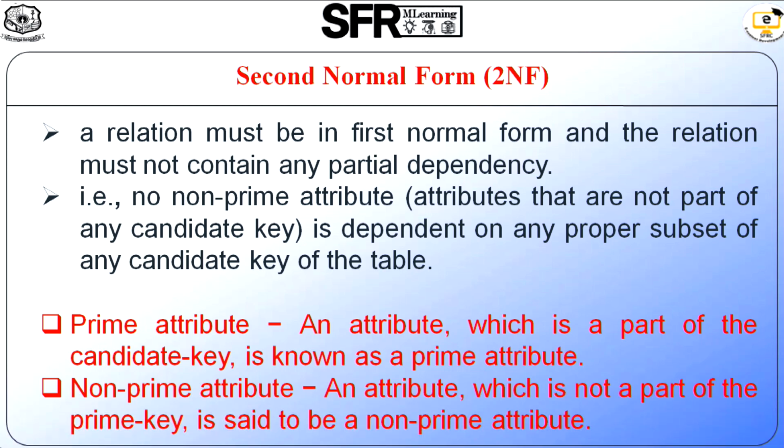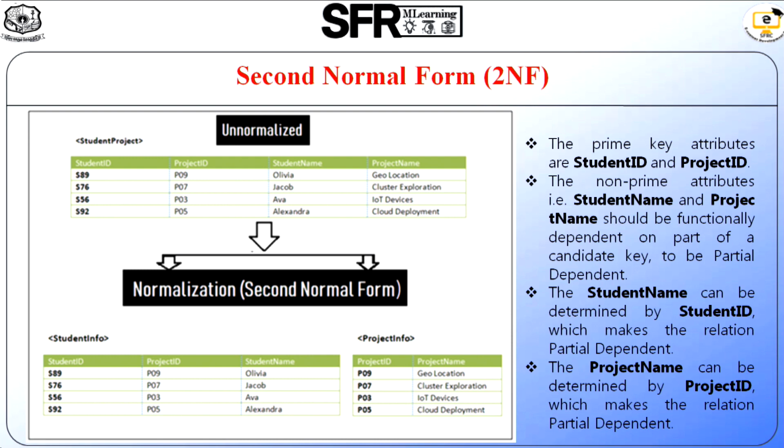So we'll see the second normal form example. You'll see the first table. In this table, the primary key attributes are student ID and project ID. Because we take student ID and project ID as the candidate key, they are prime attributes. The remaining student name and project name are non-prime attributes.